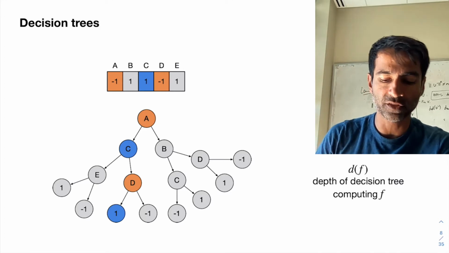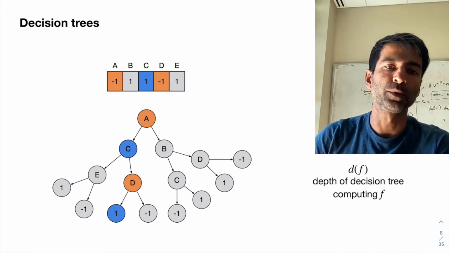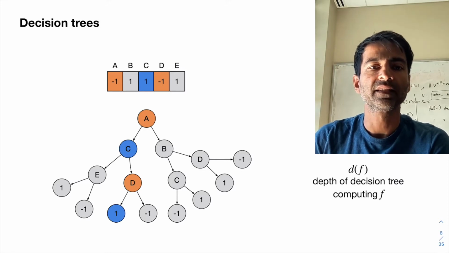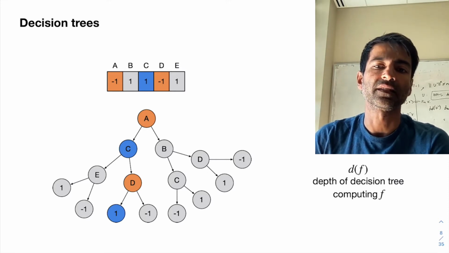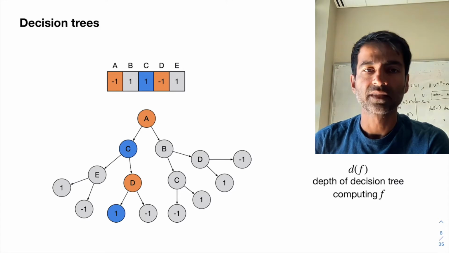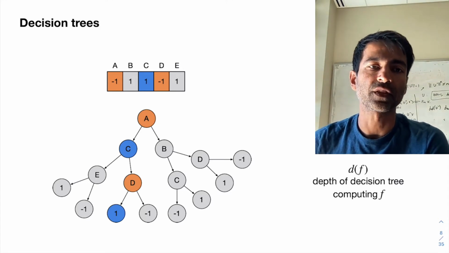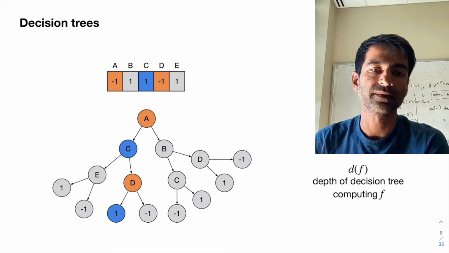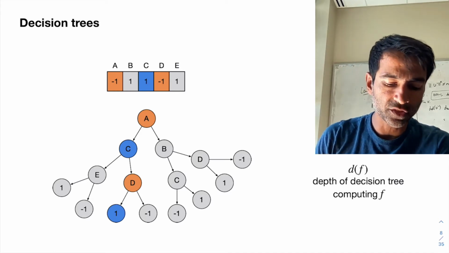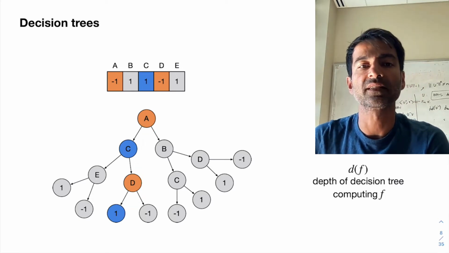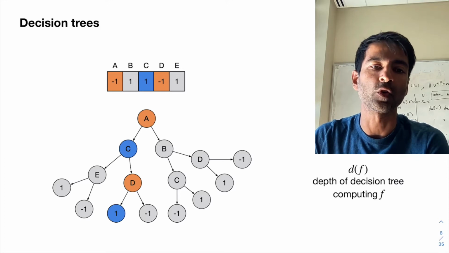So this decision tree computes a particular Boolean function, and the decision tree complexity of any Boolean function is simply the depth of the best decision tree that computes the function, namely the decision tree of smallest depth that computes the function. The depth of the decision tree here corresponds to the number of coordinates that need to be read in the input in order to compute the function.